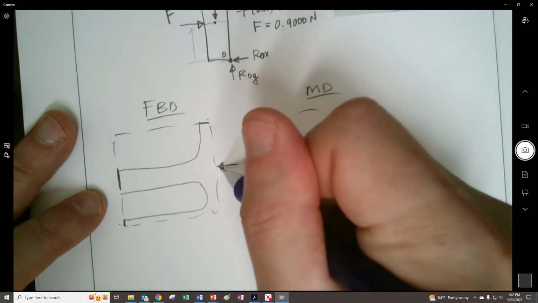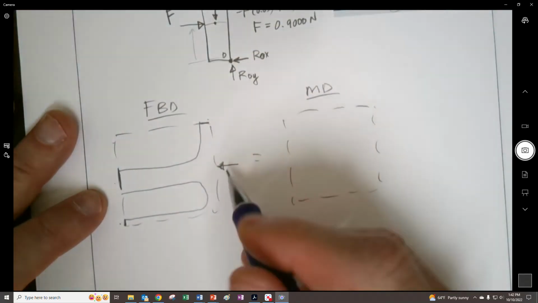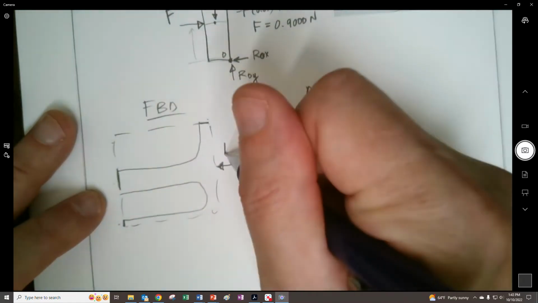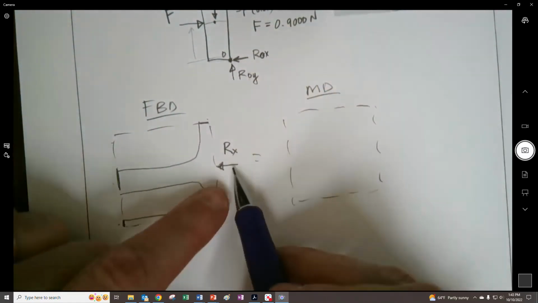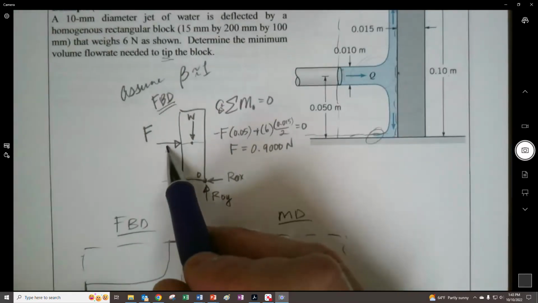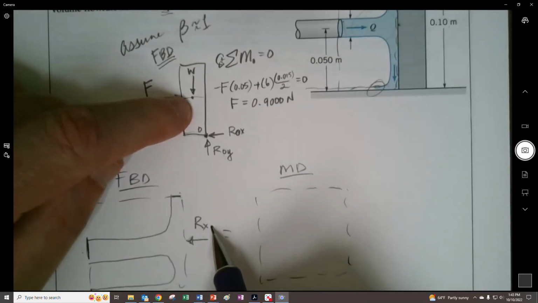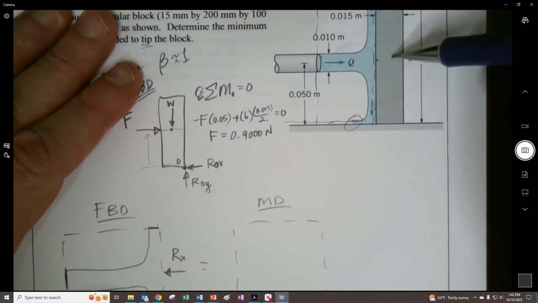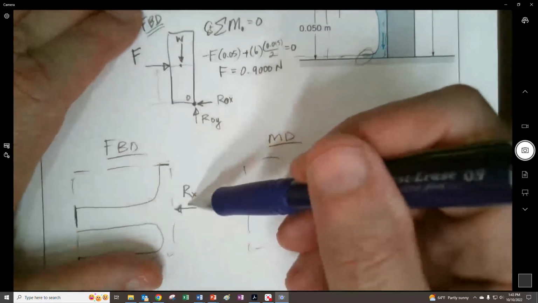On the FBD portion of this, we're going to have the reaction in the x direction because of this thrust. That's going to be the Rx. Note that Rx is equal to F; these are equal and opposite. We separated this thing out in order to expose that.